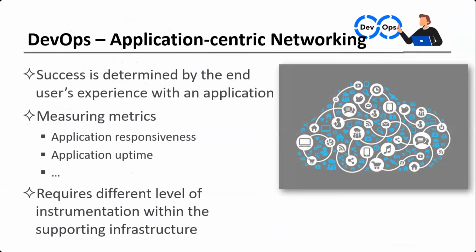So in terms of measuring metrics, again, okay, application responsiveness, for example, fast response times are really crucial for user satisfaction. Delay or lag can lead to frustration and reduced usage lah. And in terms of application uptime, for example, high uptime ensures that users can access the application whenever they need it.